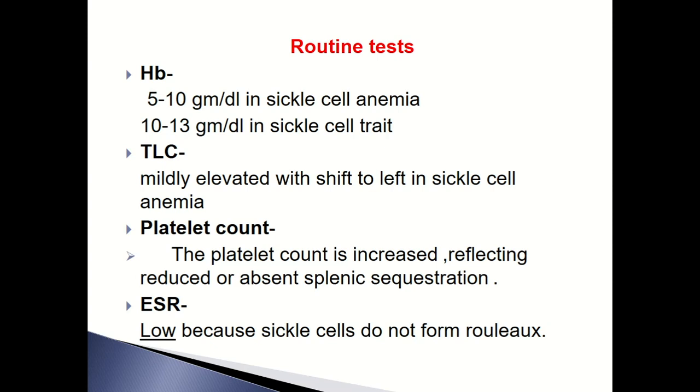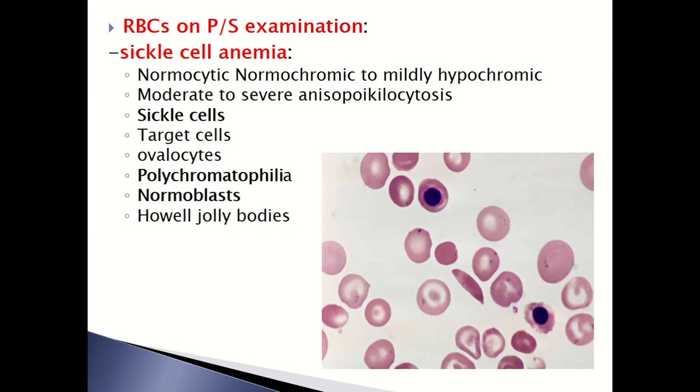Total count is elevated with a shift to the left, particularly more neutrophils or band cells. Platelets are increased and ESR is low. This is a very important finding in sickle cell anemia: ESR is lowered.